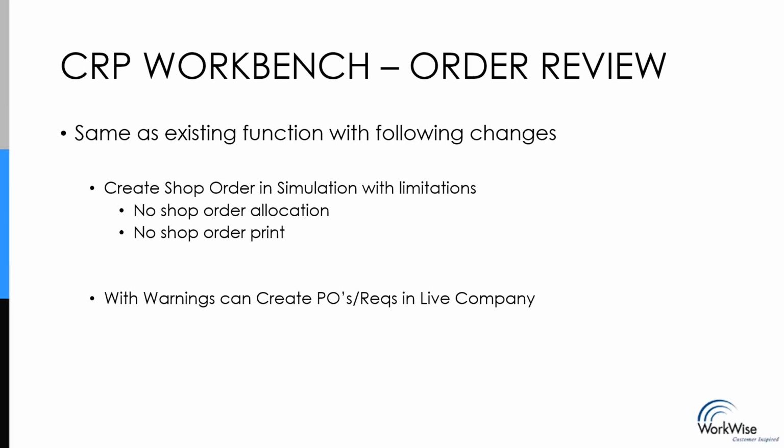Those basically put the demand into the system, and then the planned requirements or production orders or purchase orders get passed into our order review file, and the order review file is kind of the gateway or the separation between planning and execution.